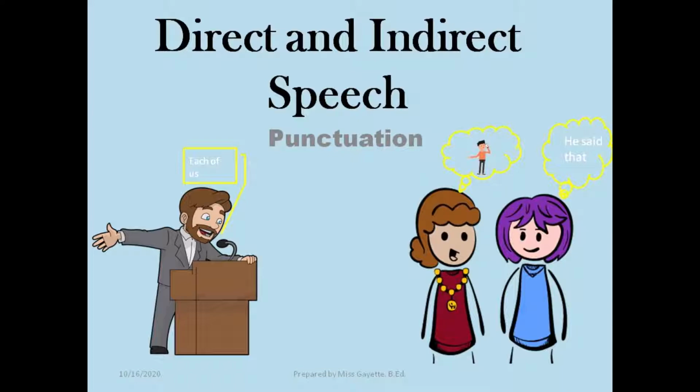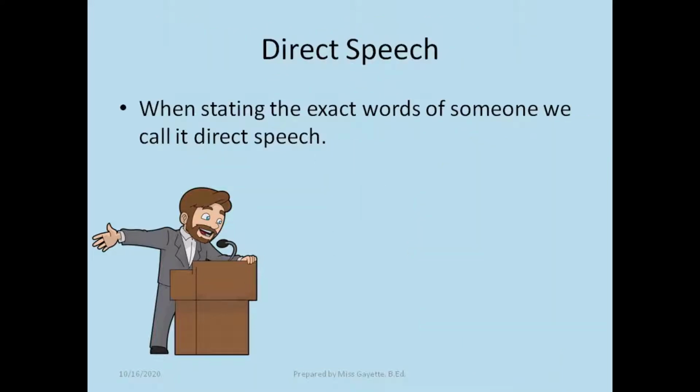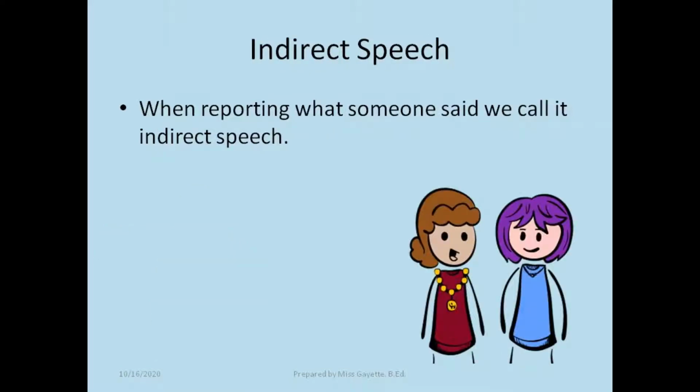Today, we will be looking at direct and indirect speech, punctuation. But first, what is direct speech? When stating the exact words of someone, we call it direct speech. On the other hand, when reporting what someone said, we call that indirect speech.